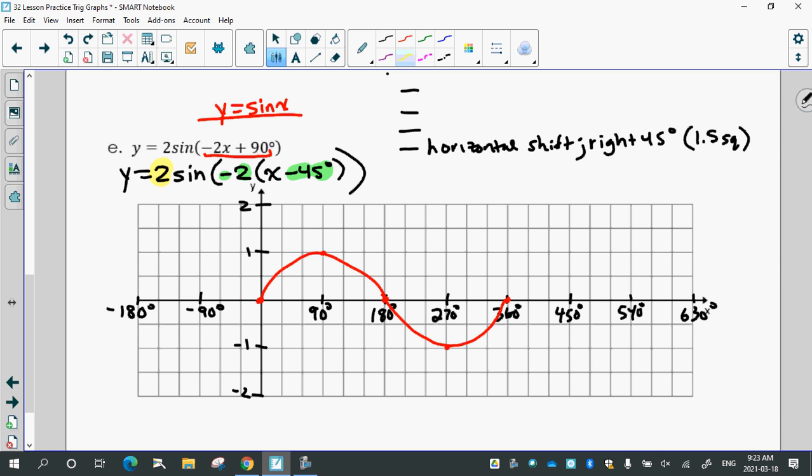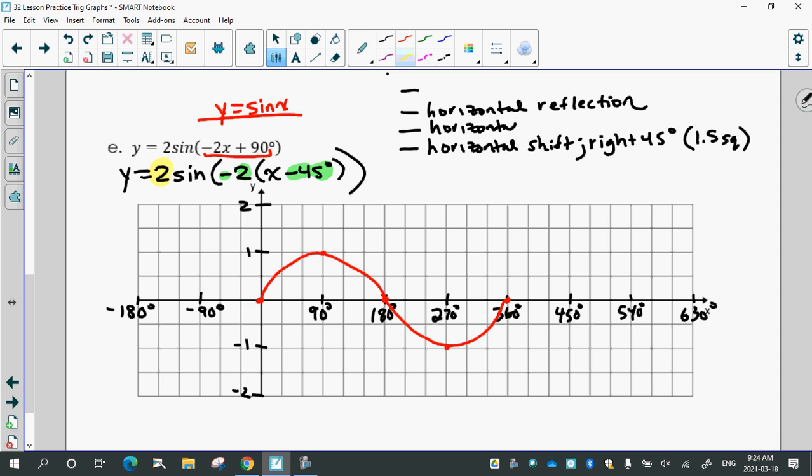Okay? Who's got another of the 4 transformations? Horizontal reflection. I'm going to put that one here. Another one? Horizontal compression by a factor of half. Yes.